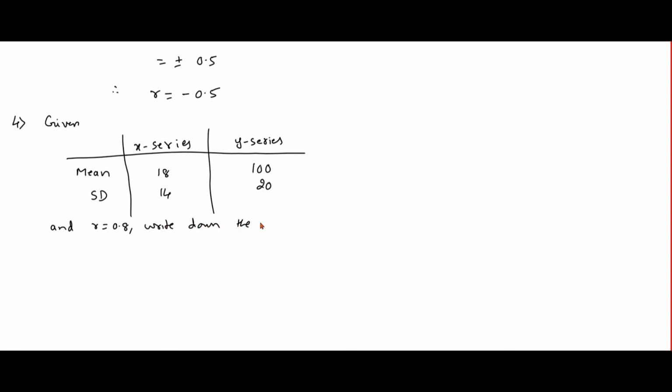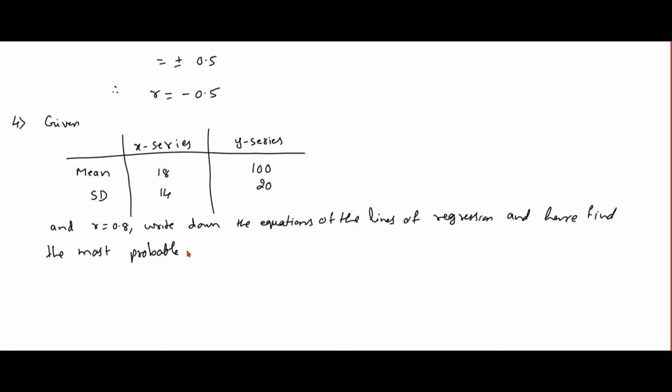Write down the equations of the lines of regression and hence find the most probable value of y when x is equal to 70.